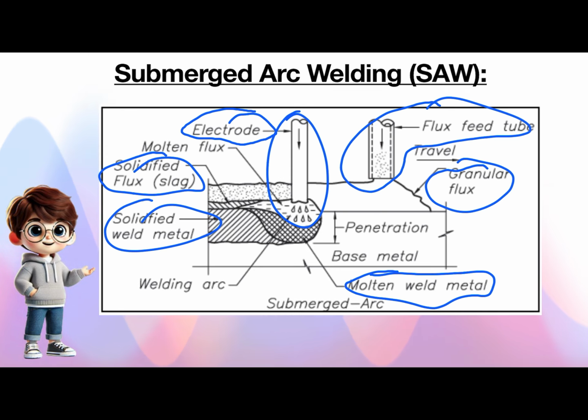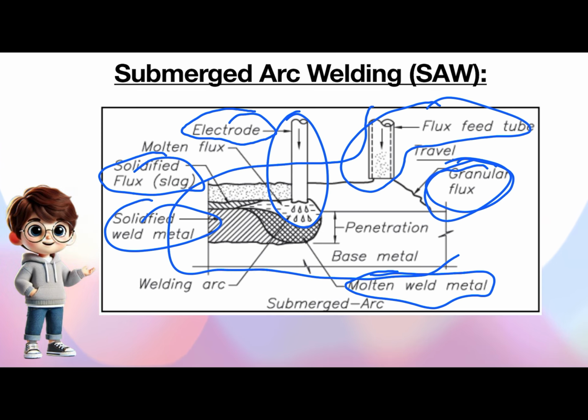When the welded joint is completely covered with the granular flux, there is no chance of impurities from the atmosphere entering the molten weld metal. So submerged arc welding is highly efficient, but to perform this process properly, it cannot be done on site. It can be done in a fabrication shop only.